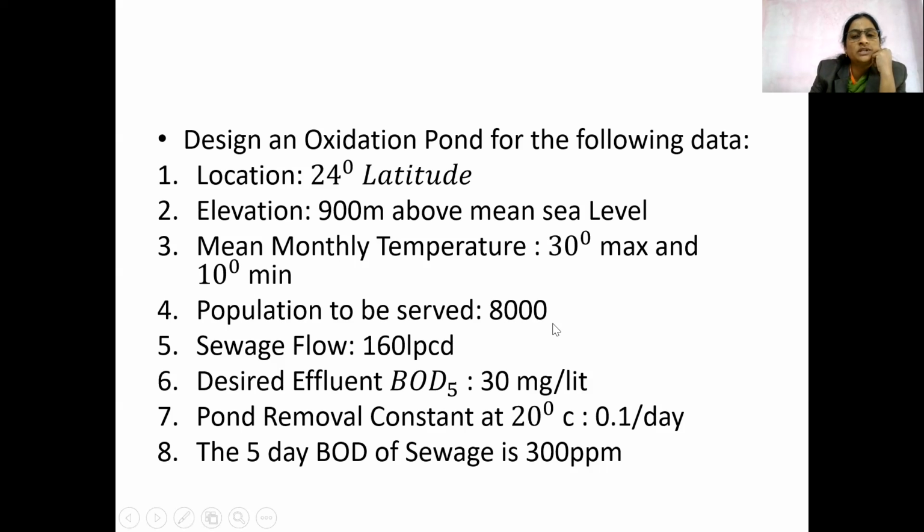Population to be served is 8,000. Sewage flow is 160 liters per capita per day, that is LPCD. Desired effluent BOD5 is 30 milligram per liter. BOD removal constant at 20 degrees Celsius is 0.1 per day, and the 5-day BOD of sewage is 300 ppm. So, total BOD load.